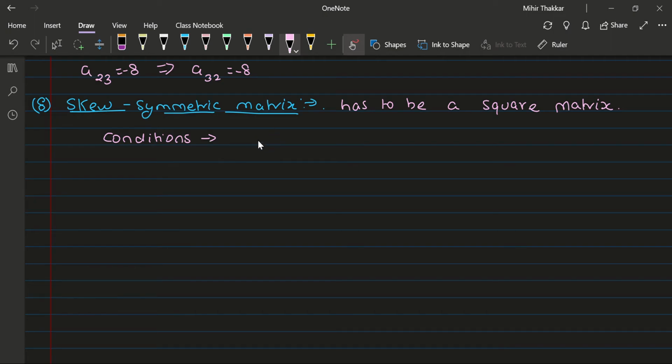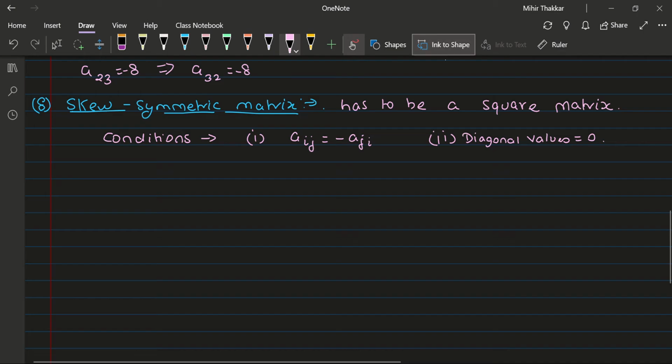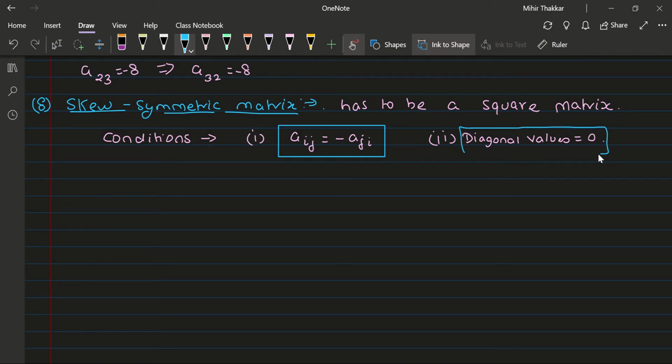The first condition is that Aij is equal to minus of Aji. Second condition is that diagonal values are compulsory equal to 0. So these are the two conditions that we have to remember when we are talking about the skew symmetric matrix. Diagonal values must be compulsory equal to 0 and Aij is minus of Aji.